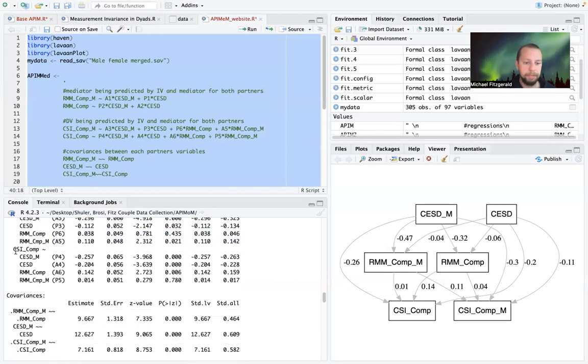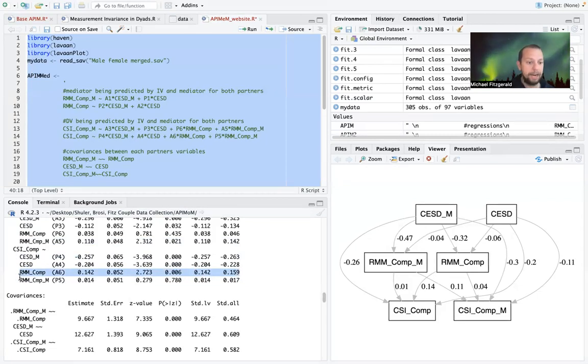And then lastly, we'll take a look at female relationship quality. And we can see that depression for both partners is a significant predictor of how happy women are in their relationship. And then we also have male relationship mindfulness serving as a partner effect.